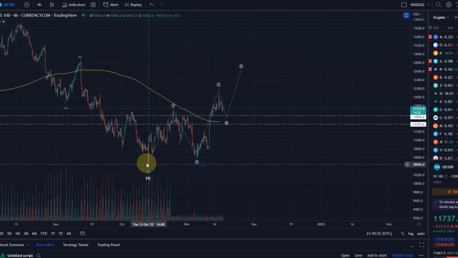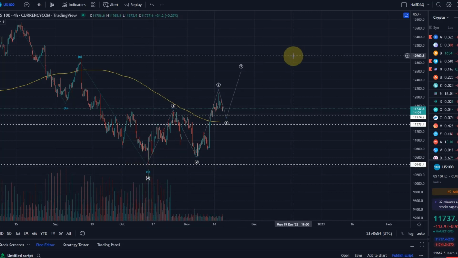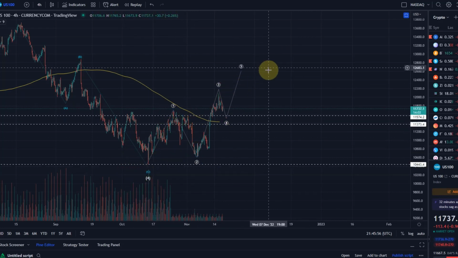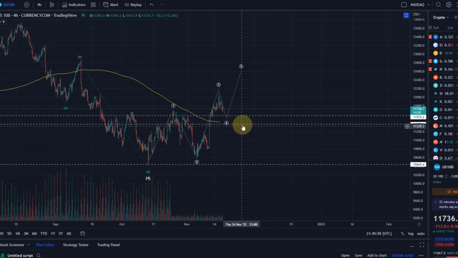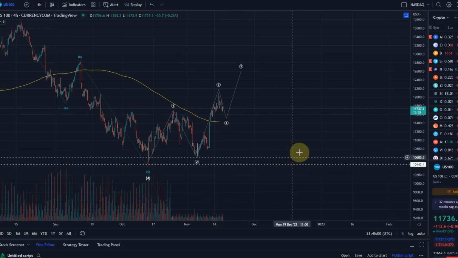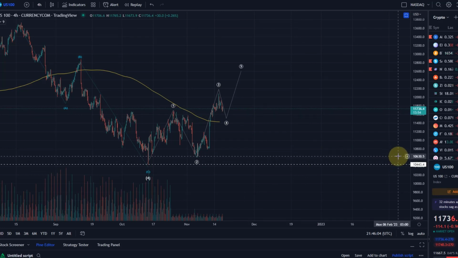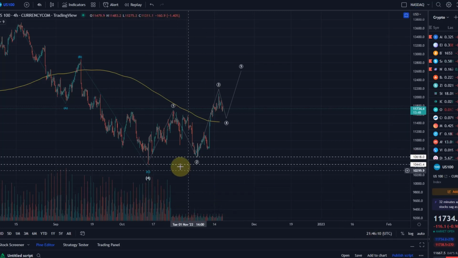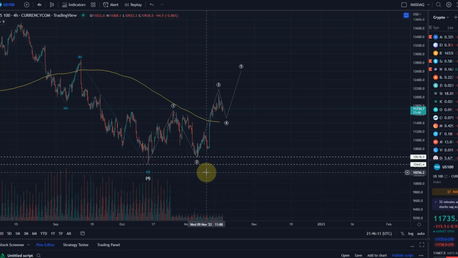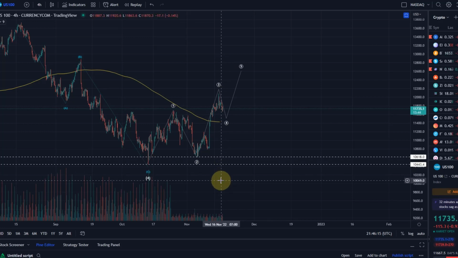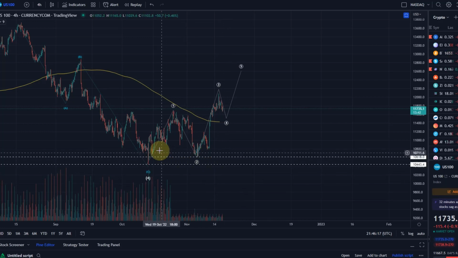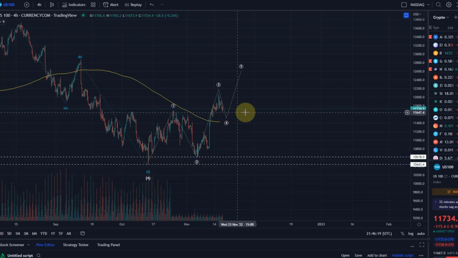Below that level the current, let's call it bullish, scenario would be invalidated. It would already get seriously challenged and risk invalidation if we drop below this 10,618 US dollar level. So that is a key support range that we must not drop below if we want to focus further on the upside.